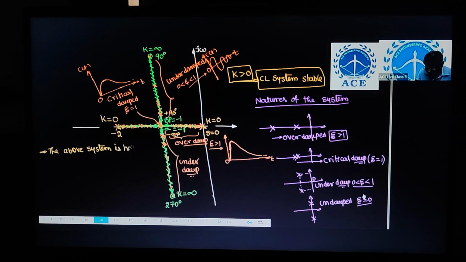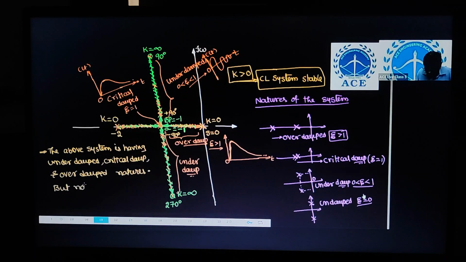The above system is having underdamped, critically damped and overdamped natures, but not undamped.